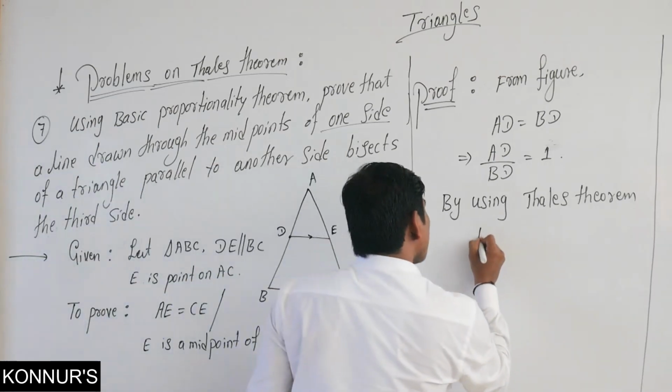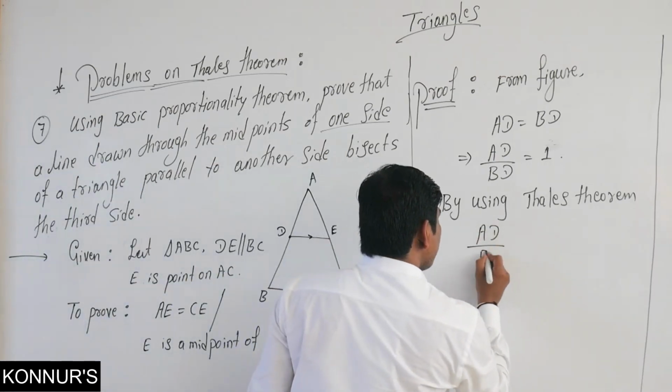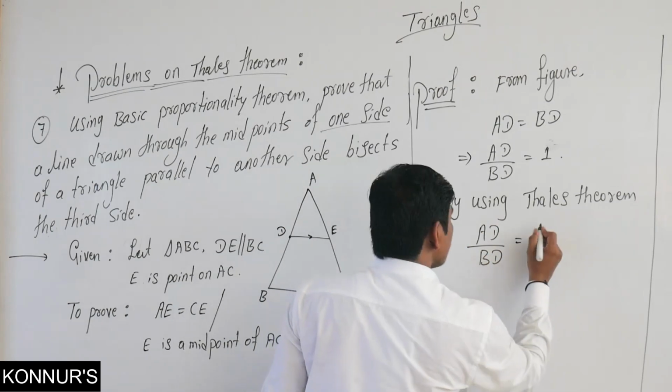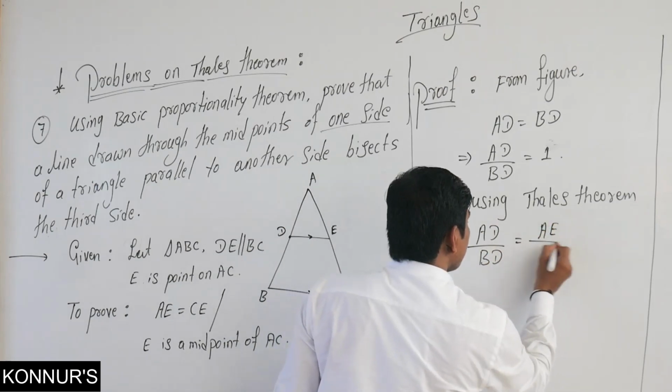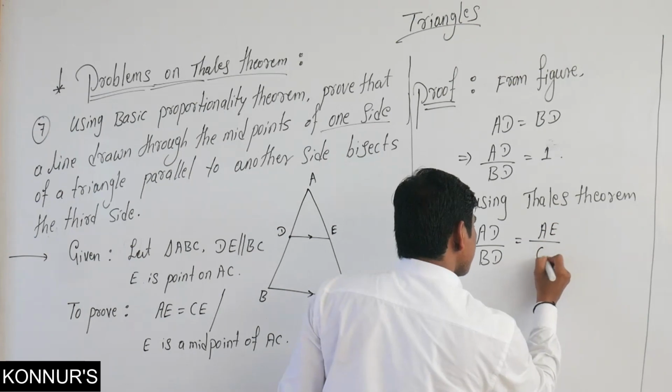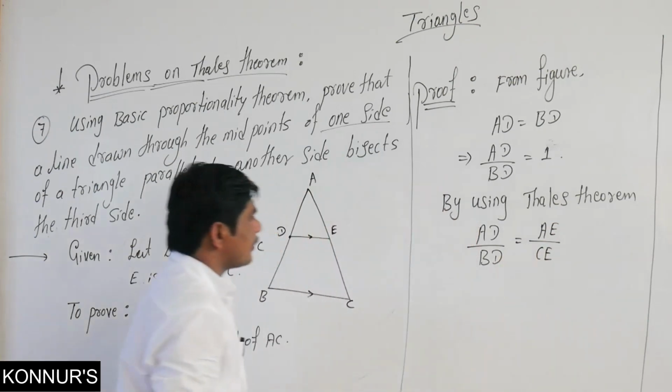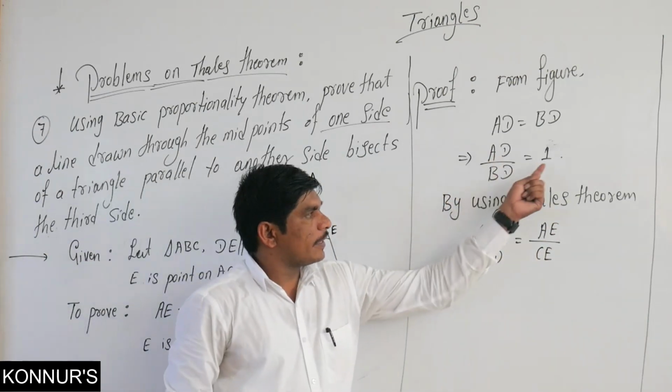Now, AD by BD is equal to AE by CE. We have already calculated AD by BD is equal to 1.